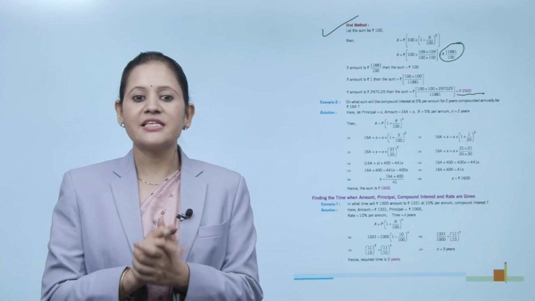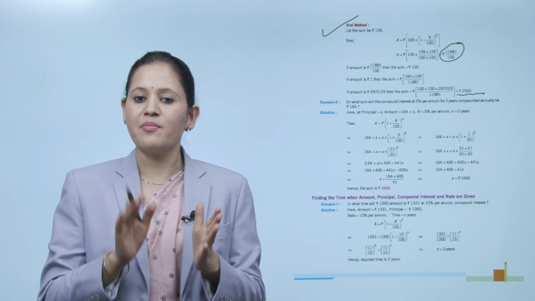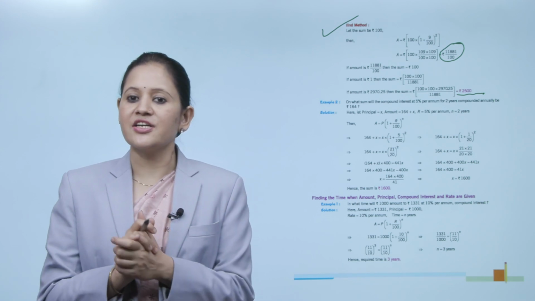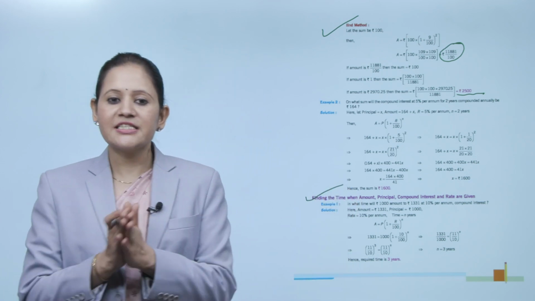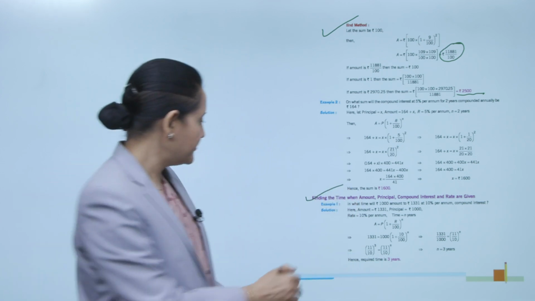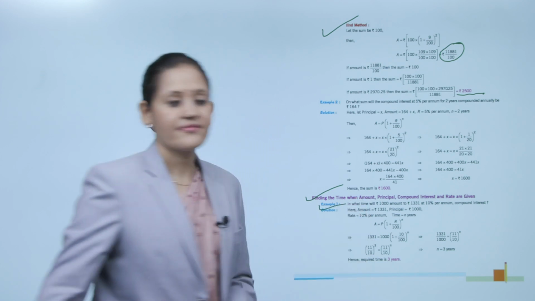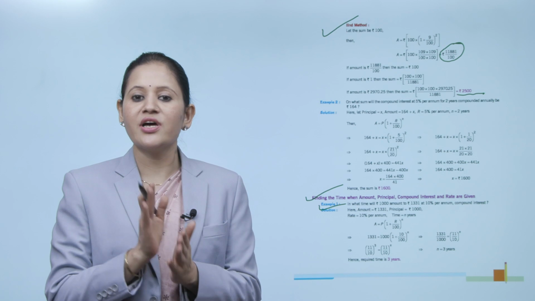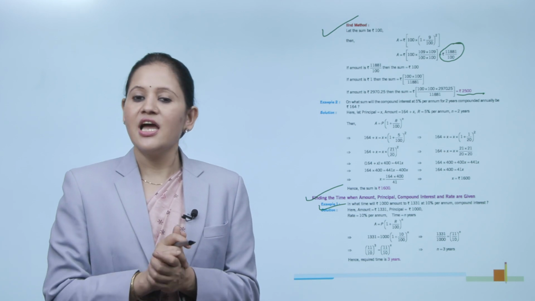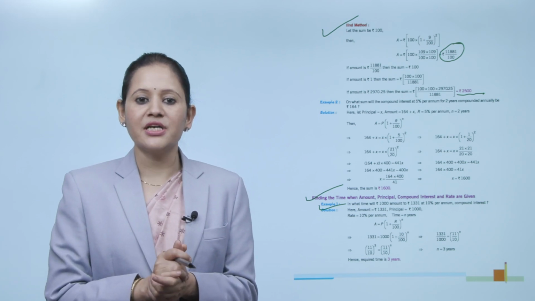Clear? Next is finding the time when the amount, principal, compound interest and rate are given. We will understand this with the help of an example. In what time will rupees 1000 amount to rupees 1331 at 10% per annum compound interest?